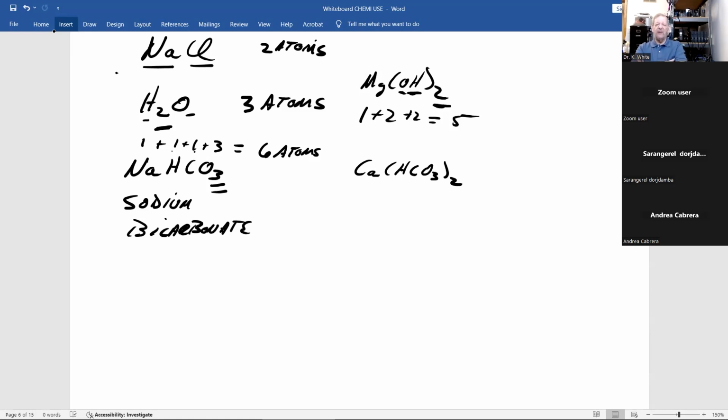And when you're done, give me a thumbs up with the emoji, or turn on your video camera and give me a thumbs up like this. How many atoms are in calcium bicarbonate? Ca bracket H. Thank you, Zoom user, who doesn't want to put her name down. And we'll wait.